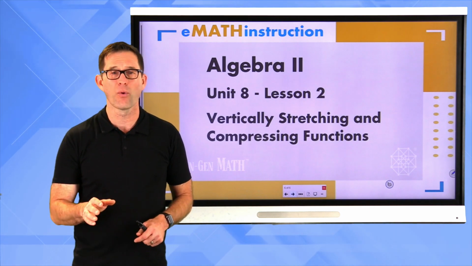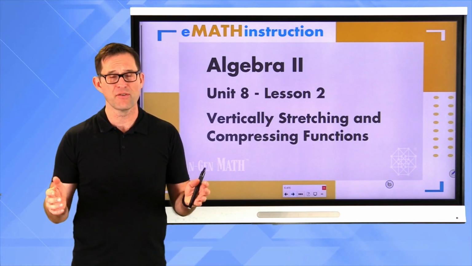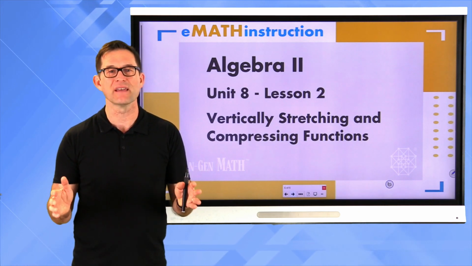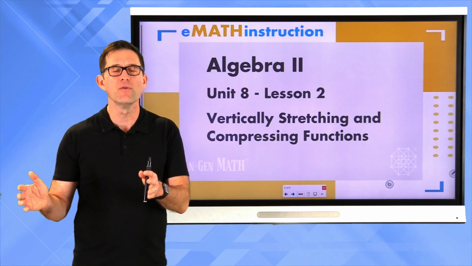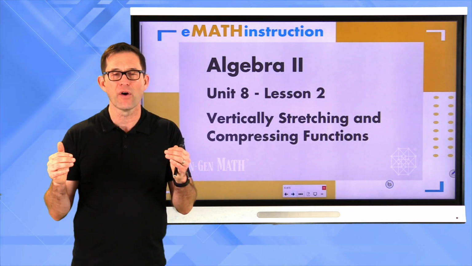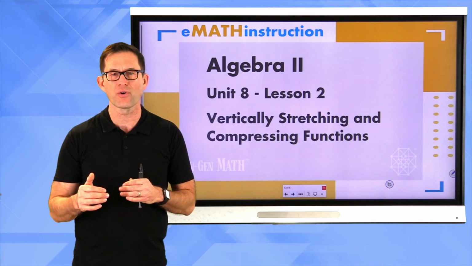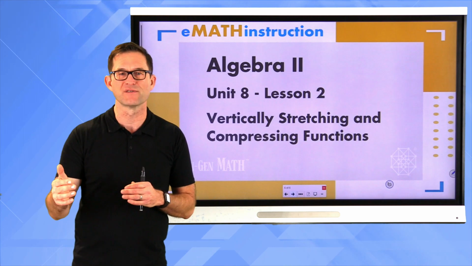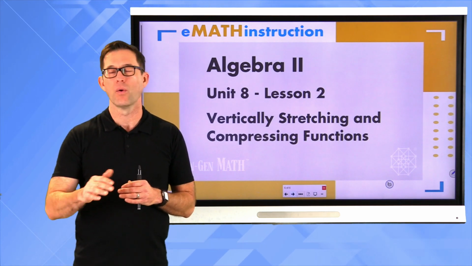Now this is very important because oftentimes we might have a parent function, and we want to have exactly the same x-intercepts in a new function, but we want the new function to be either closer or farther away from the x-axis by a certain factor, twice as far, half as far, what have you.